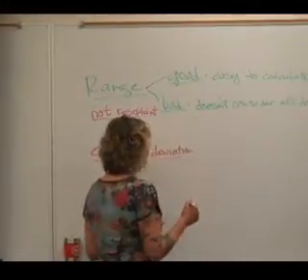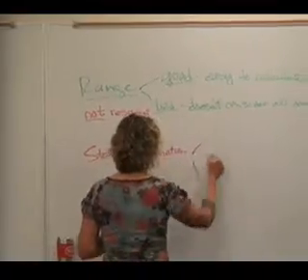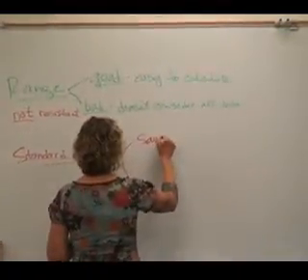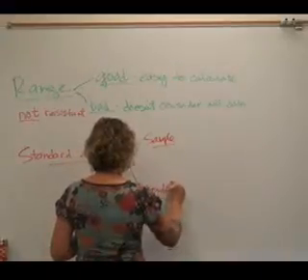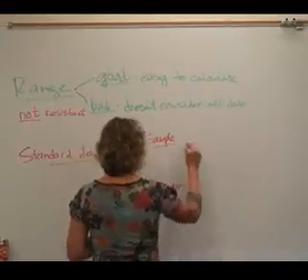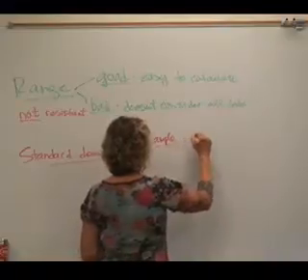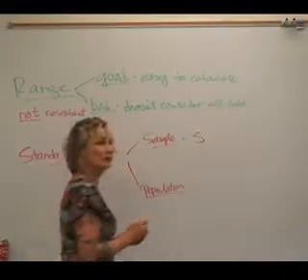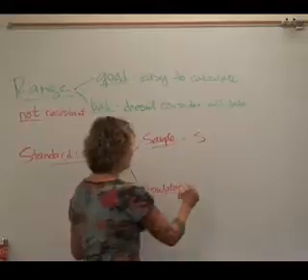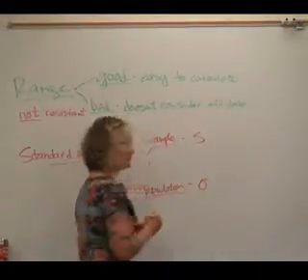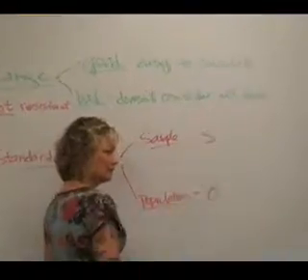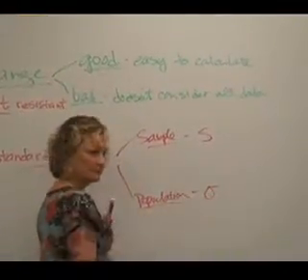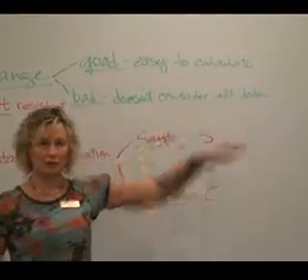The standard deviation is found by, we have sample and population. The sample standard deviation is given by S. The population standard deviation is given by sigma, a lowercase sigma, which has a little salute off the top of its head.